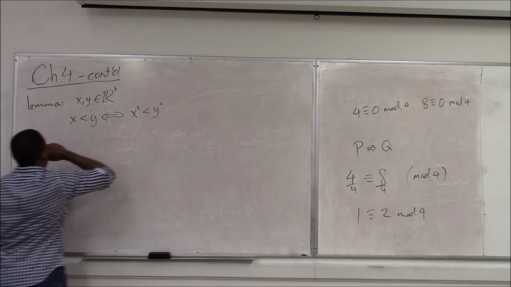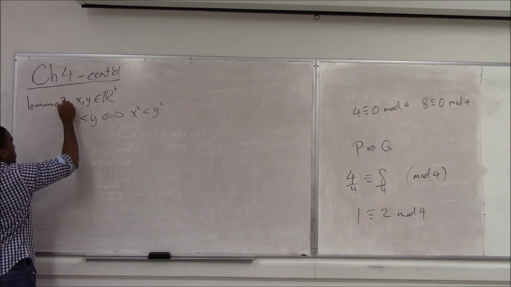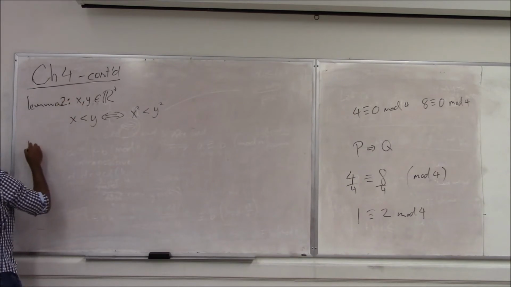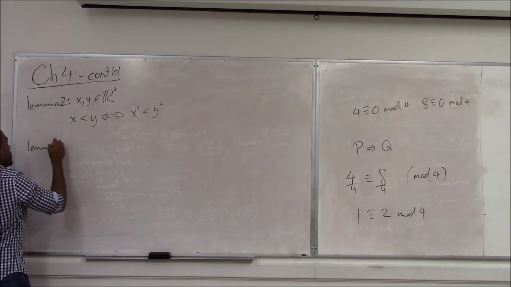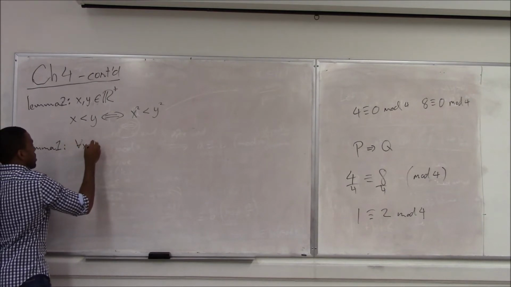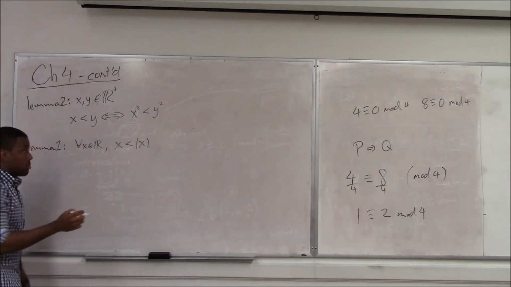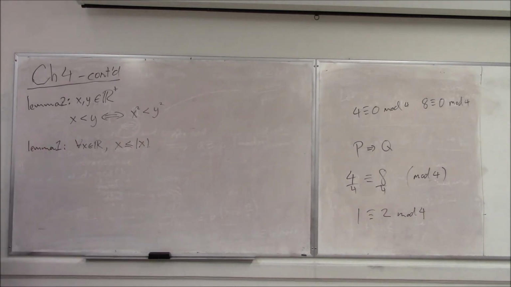Was that the first one I proved? No, you did for all x in the real numbers, x is less than or equal to the absolute value of x. Okay, so this was the second one I proved. The first one, lemma 1, was for all x in R, x is less than or equal to its absolute value. Okay, good, so those are the two things you proved.